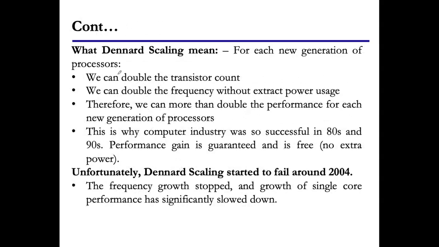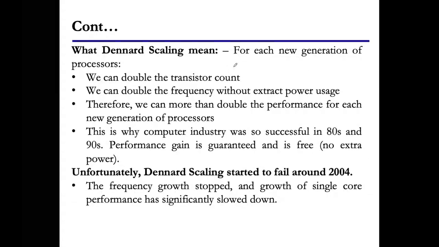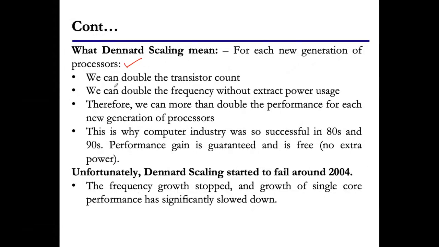So what Dennard scaling means is that for each new generation of processors, we can double the transistor count every 2 years, as said by Moore's law. But along with that, we can double the frequency without extra power use. That is his observation, which is added to Moore's law.